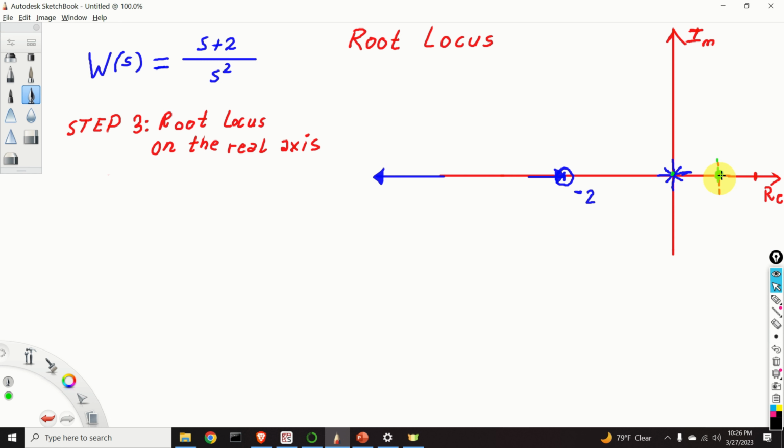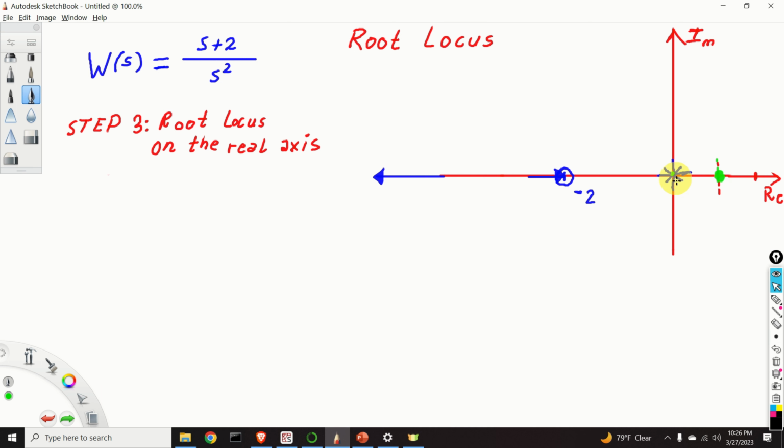We start from this point on the real axis, and we pay attention to what's happening on the right side from this point. Are there any zeros and poles? There are no zeros and poles. Consequently, we will not have our root locus lying over here on the real axis. Good. Then we proceed further.